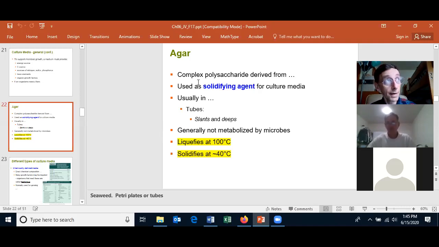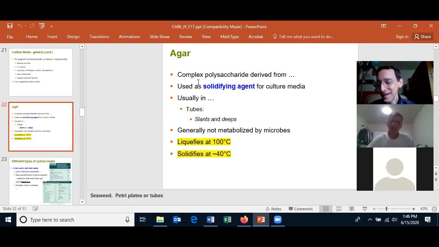Usually the agar is not digested by the bacteria, and that's why we use agar. Dr. Koch initially invented solid media, and the first thing he used was actually a cutting from a potato. I don't know if that was a raw potato or a cooked potato, but he cut the potato and then he grew his microorganisms on it. And as you can imagine, it wasn't very good.